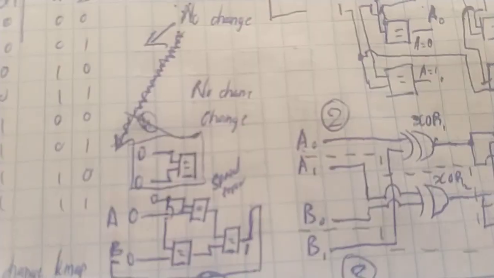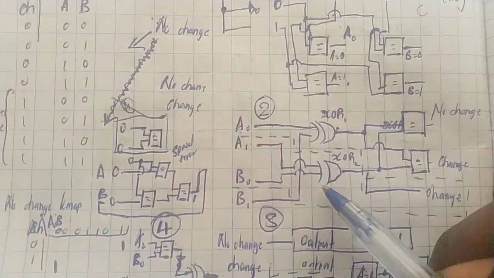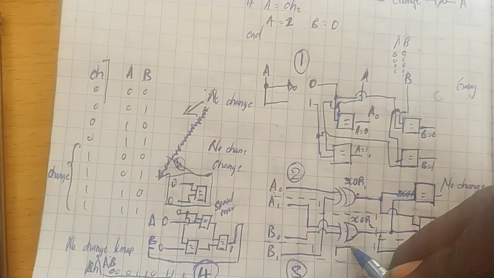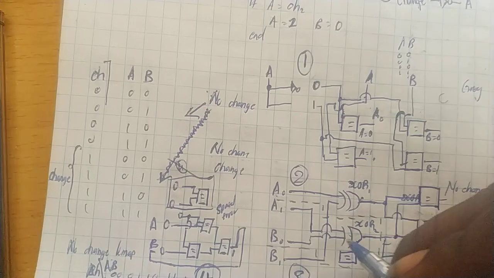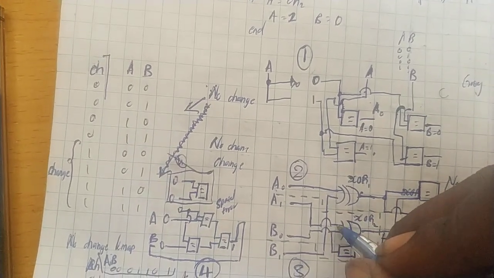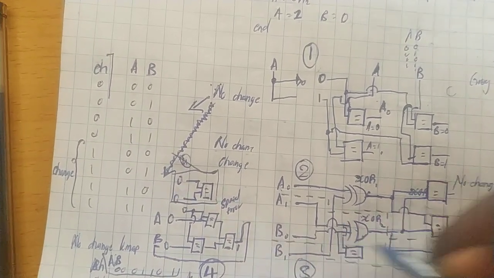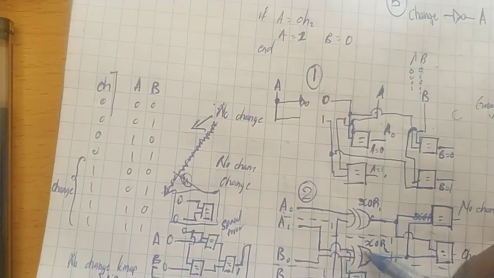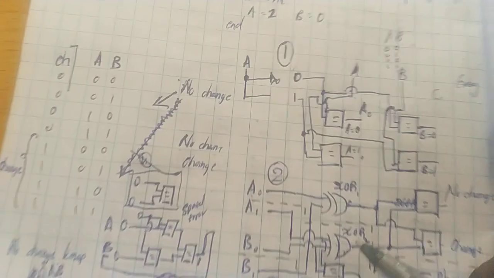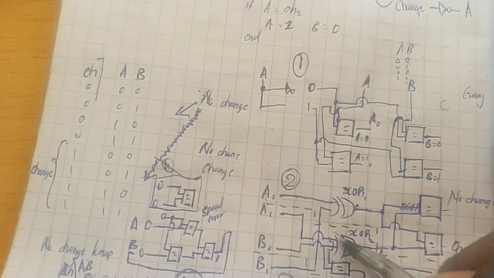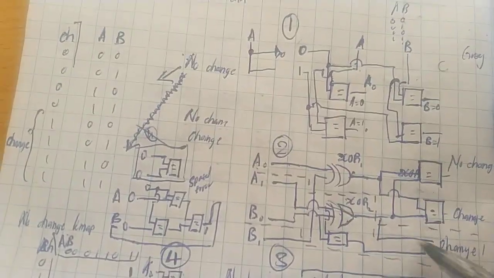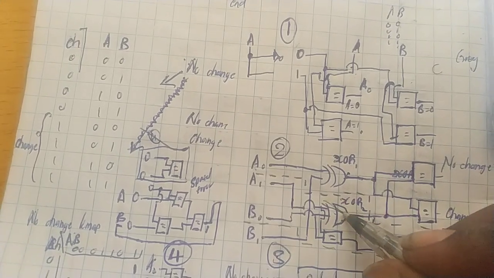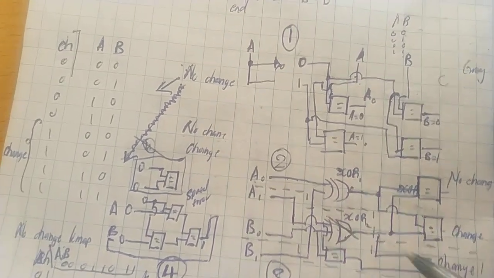Give me a minute. Sorry, I've made a mistake. This is supposed to be an equals. So the output of change is coming from here, not this one, so I can cancel this. Sorry for that error. Okay, from the simulator that I'm using, I'm having an error with the equals.